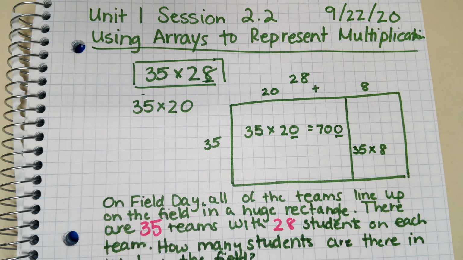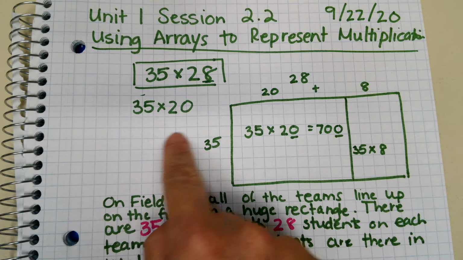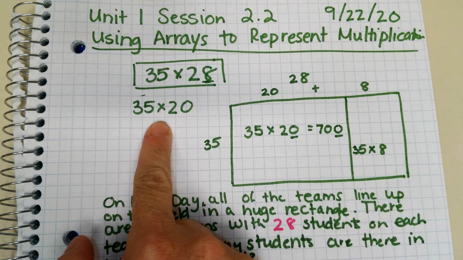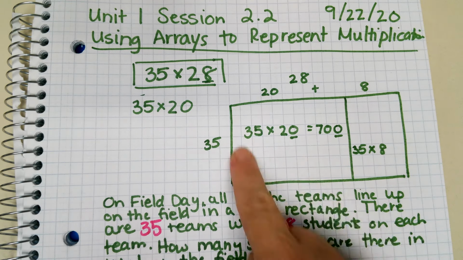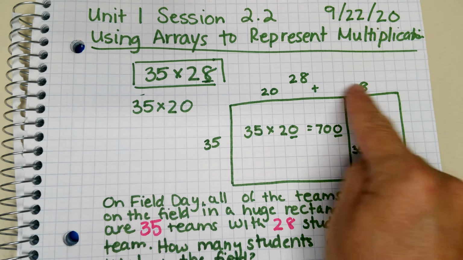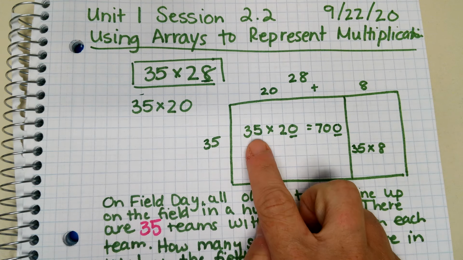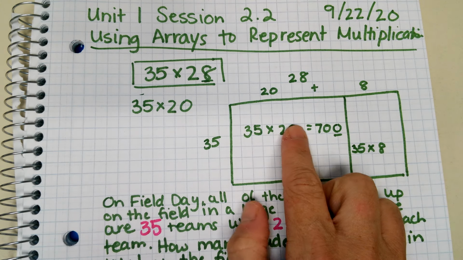Now, when we're talking about just this one piece, guys, I want you to think for a moment about this 35 by 20. It's not the total amount of students out there, but the 35 teams with 20 on each.